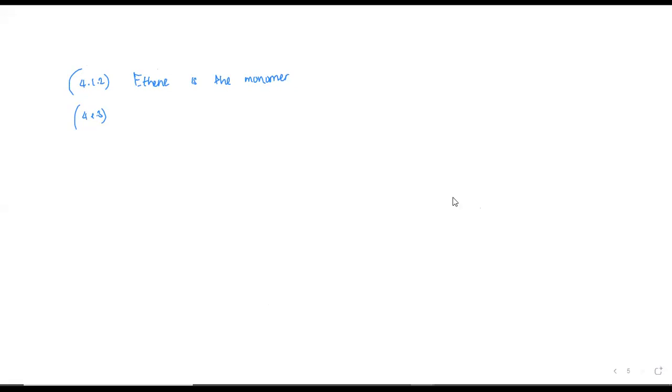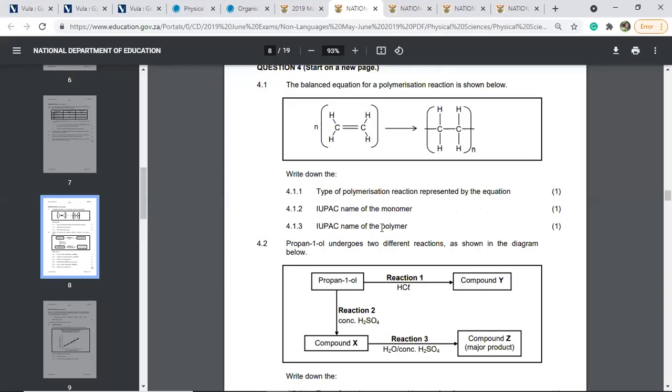Then 4.1.3 asks us to give the IUPAC name for the polymer. We have just stated above that the monomer is the building block of a polymer. So many monomers make up a polymer.